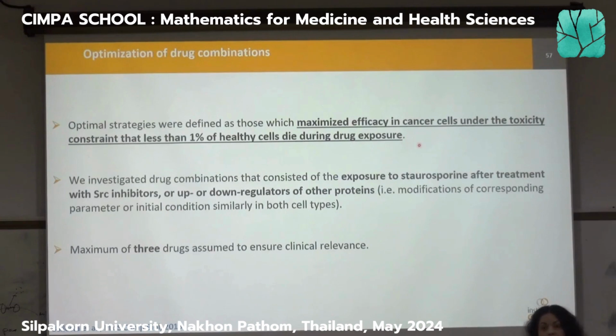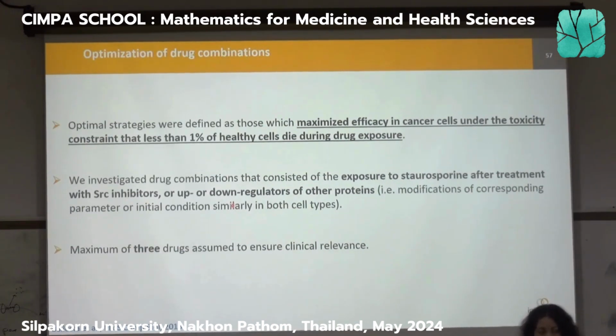Now, what are we going to look at in terms of coefficients to be optimized? We are looking at combinations composed of staurosporine, given for 8 hours, plus molecules or drugs which either target STAR, so inhibitors of STAR, or which target proteins of the other families, so BAX, BCL2, TB, and D. And we have investigated possibilities to push them up or down.